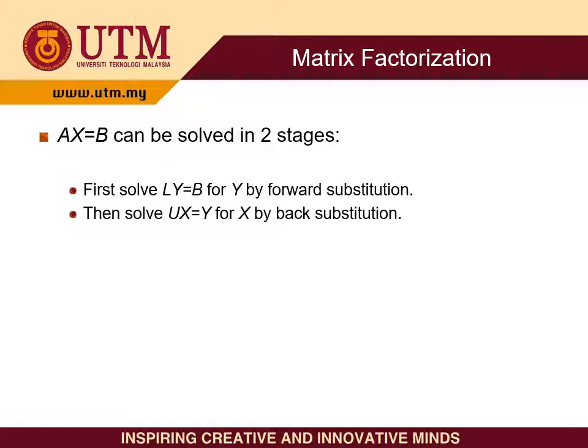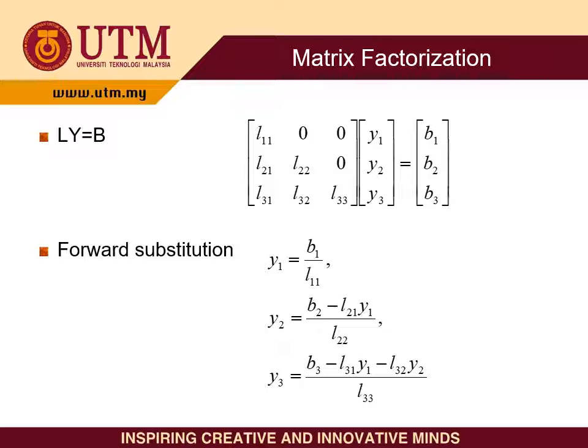Ax equals b can be solved in two stages. The first one is to solve Ly equals b for y by forward substitution, and then solve Ux equals y for x by back substitution. We will see this in the next example. For the forward substitution, Ly equals b, this is the equation. So you can see y1 equals b1 divided by L11.